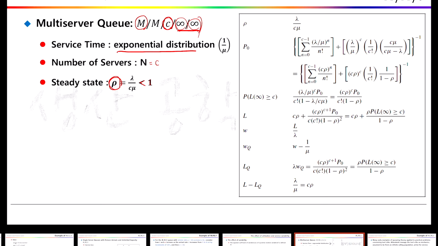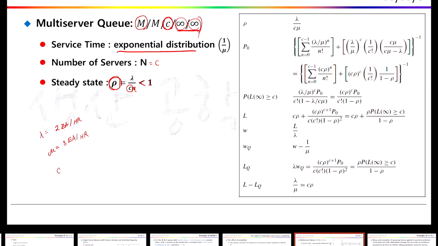And one change occurred here. This is C. This is very intuitive, because let's think about two persons per hour arriving, and this is lambda, and this is mu. 3 persons or 3 entities are treated in a server.